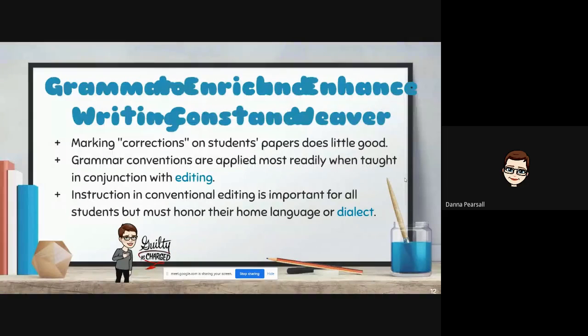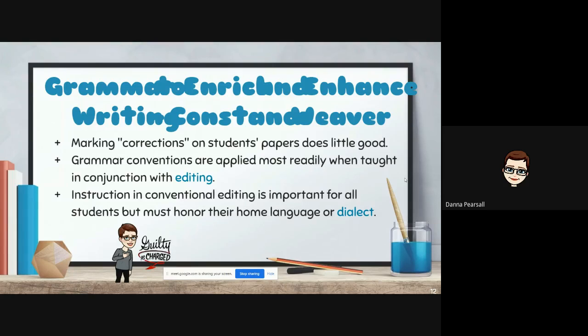And then this is something that is, I would say, definitely a trigger for English teachers. And you can see my little Bitmoji down there, guilty as charged. Marking corrections on students' papers does little good.